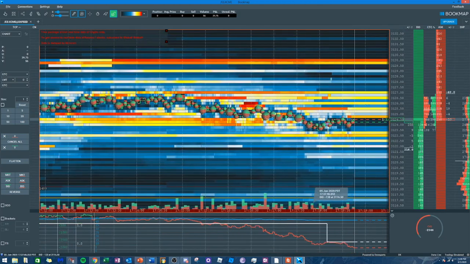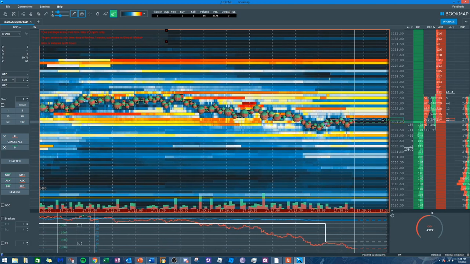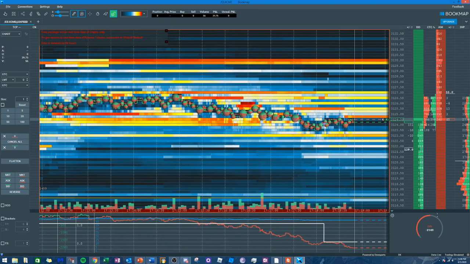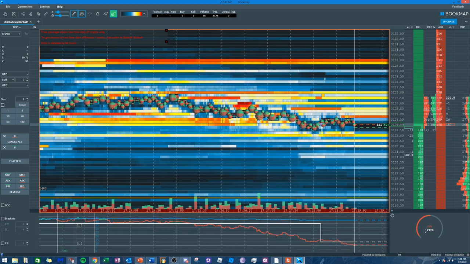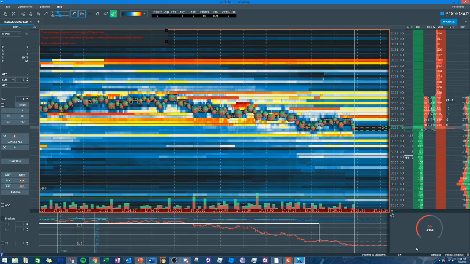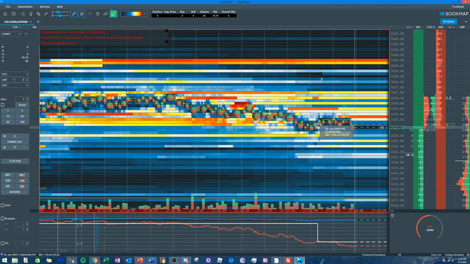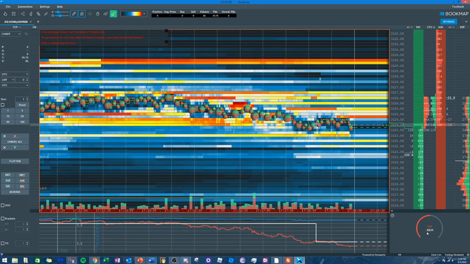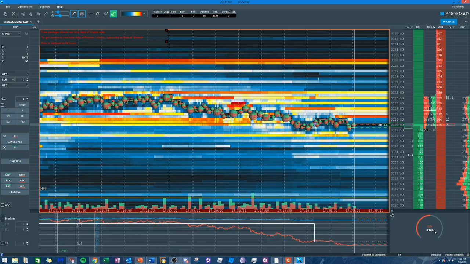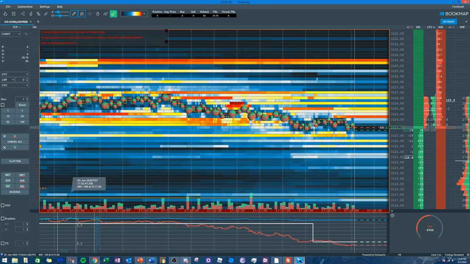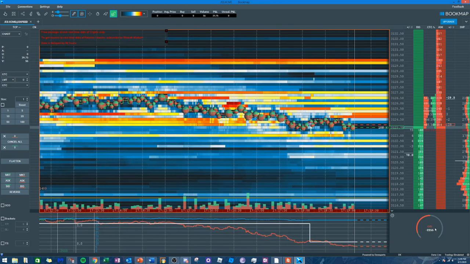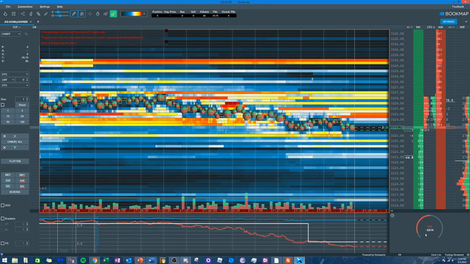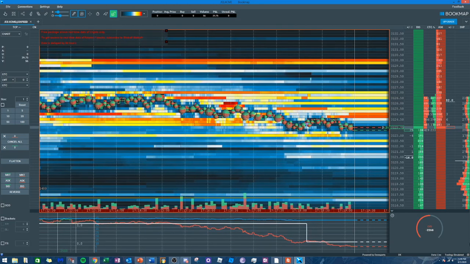This red meter right here shows the cumulative number of orders. As you can see, we're at negative 2,200. So basically, over this chart region that we're looking at, there were 2,200 more sell orders than buy orders.